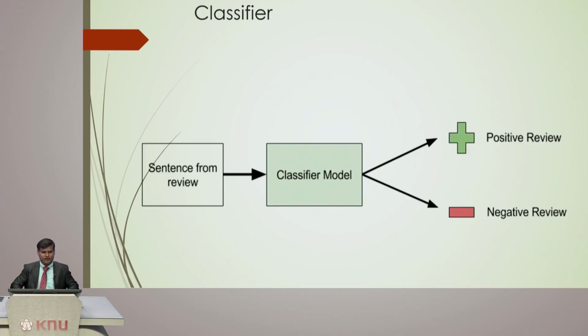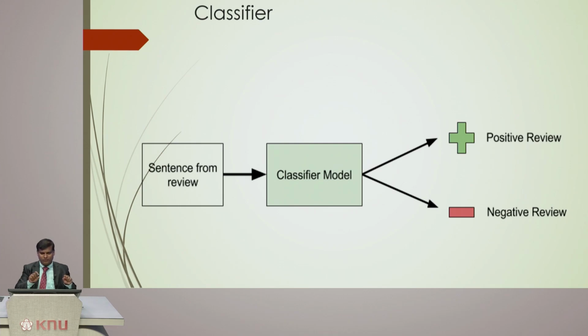That's the classifier here. A sentence from the review is given as the input to this classifier model, and then the output is either a positive review or a negative review. Well, we haven't designed the model yet. We will come to this model soon and see how to design it, because the input sentence from the review we already have.